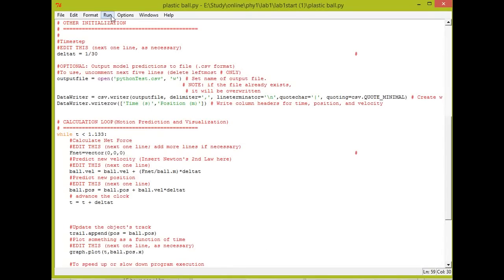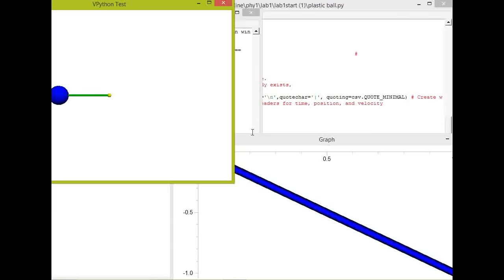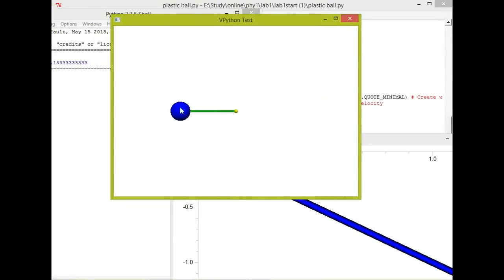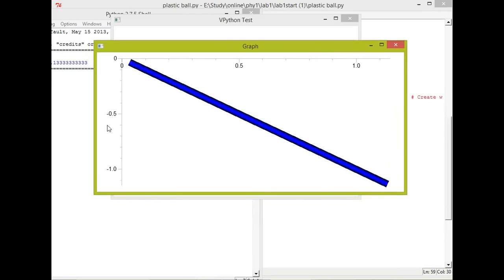So if we run that, we get these results. This is how the ball is moving. This is it exactly, and here's the graph. Here is the position in meters, and this here is the time in seconds.